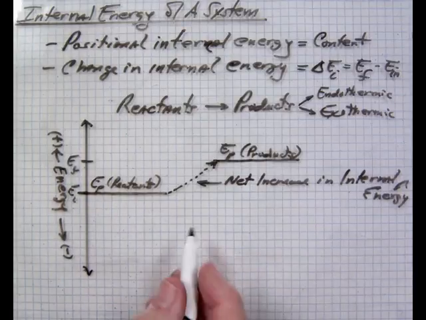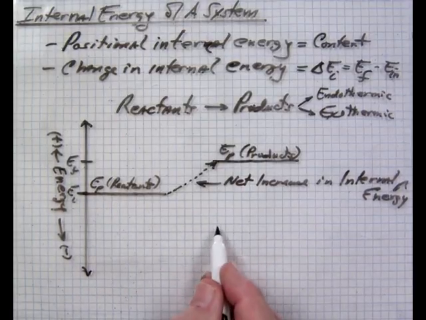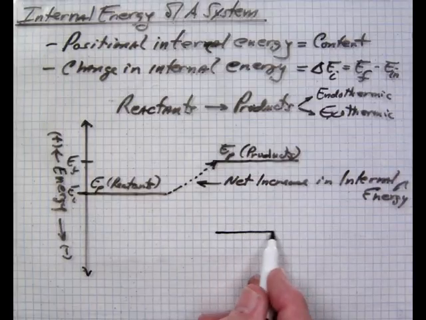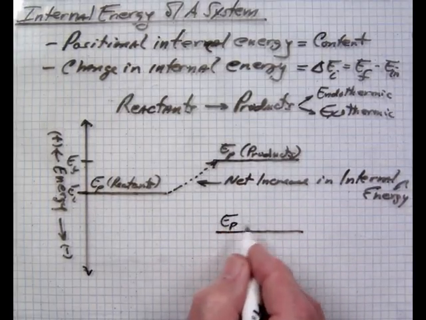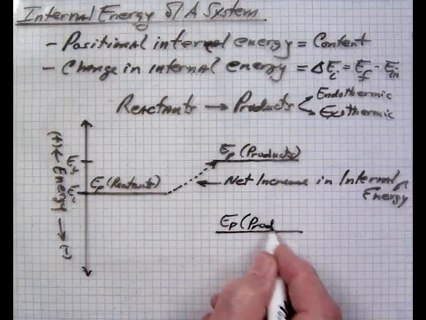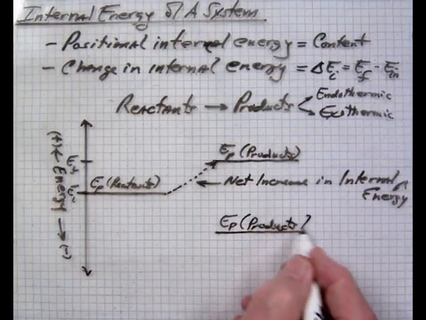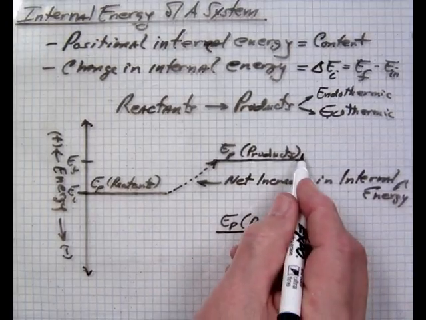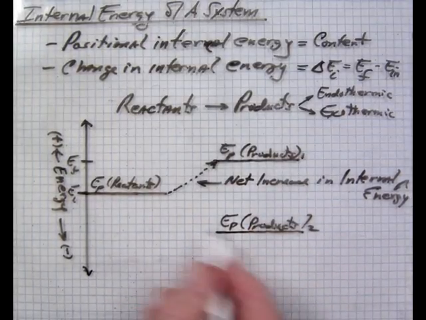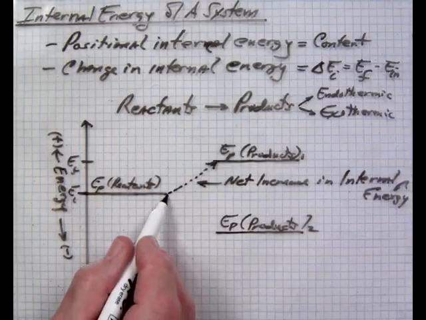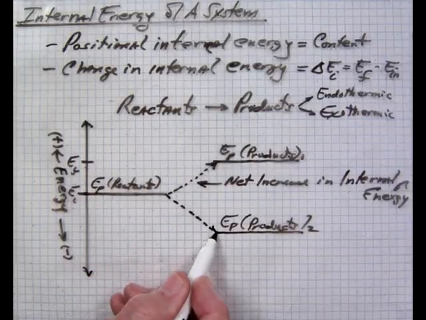and vice versa. If we have a reaction whereby the positional energy of the products, let's call this case 2, and I'll put a little subscript 1 down here, case 1, case 2, are below the reactants right here.